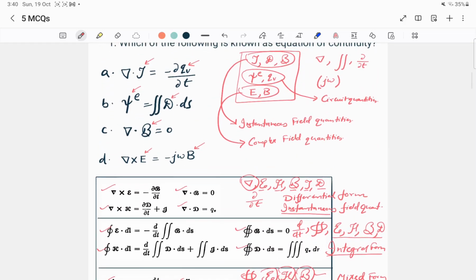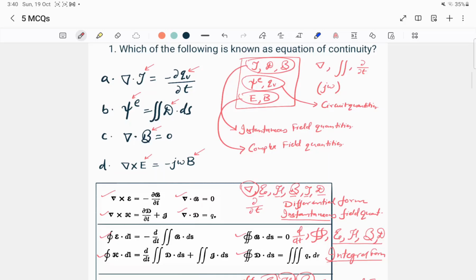Now if you check these four options, you will notice that option C is in differential form for instantaneous field quantities, and it's a Maxwell's equation. This one is Gauss law for magnetostatics.